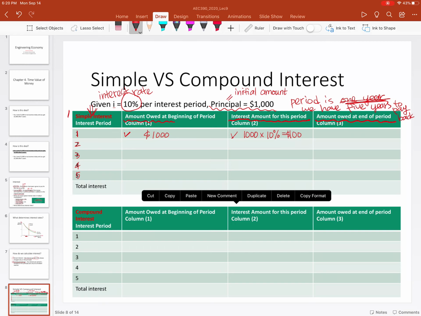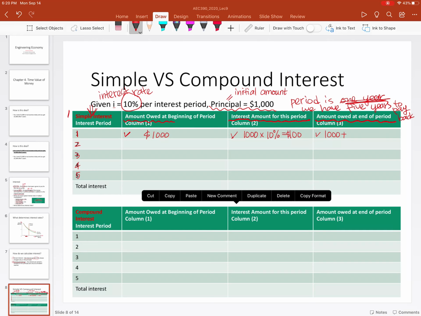Okay. All right, and then the next cell, amount owed at end of period. So this row is all about the first year. At the end of the first year, how much do you owe the bank? It's going to be the initial amount, or the principal, plus the interest, right?